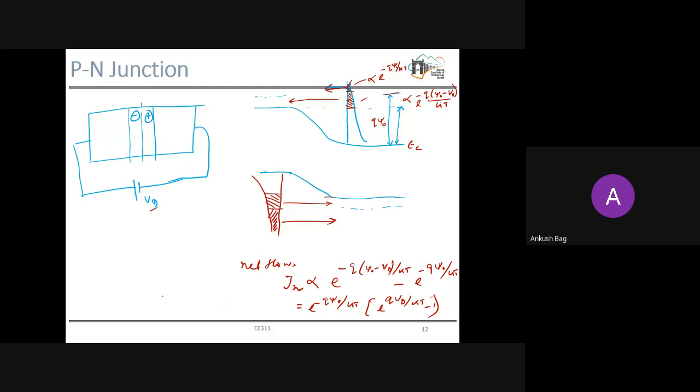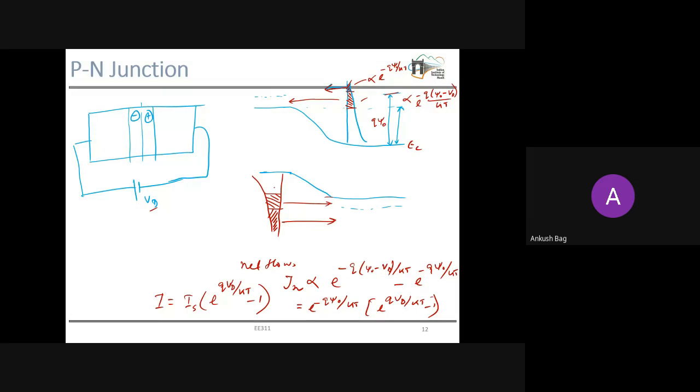Now if we write it in terms of current, with a proportionality constant Is, this is the current equation we have all perhaps seen. So see how this is coming.